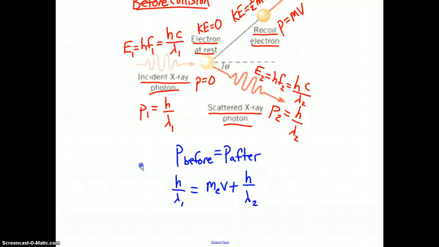If it's losing momentum, if P2 is less than P1, then what should we see happen to the wavelengths? Well, we see an inverse relationship between the wavelengths. So if there's a decrease in the momentum, we should see an increase in the wavelength.